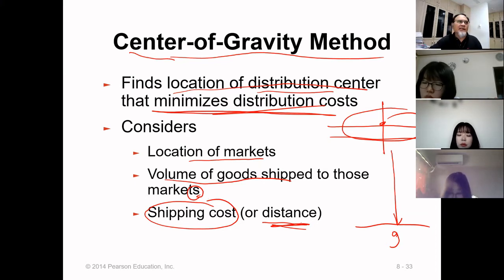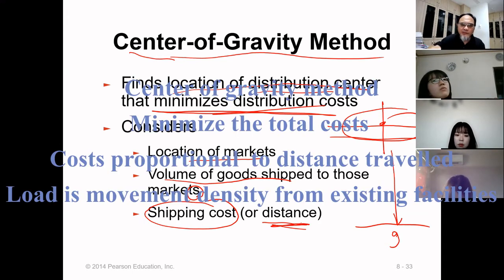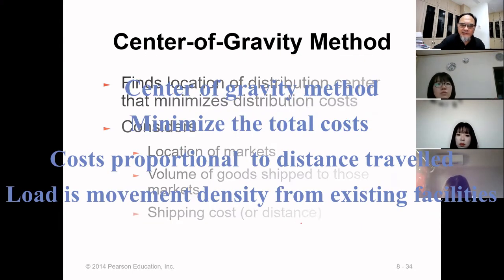So if you want to locate a warehouse, you're going to serve a few regions. For example, I want to locate a warehouse to serve Tokyo, Nagoya, and, I don't know, Yokohama. So where is the center, so that I can distribute, depending on the distance?